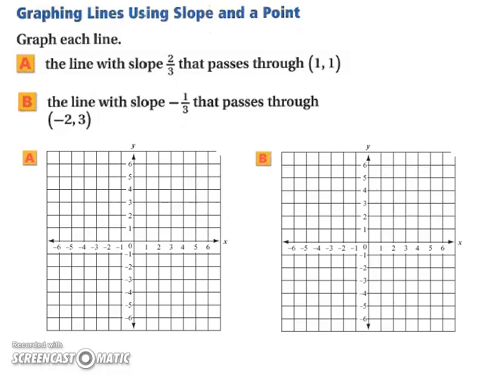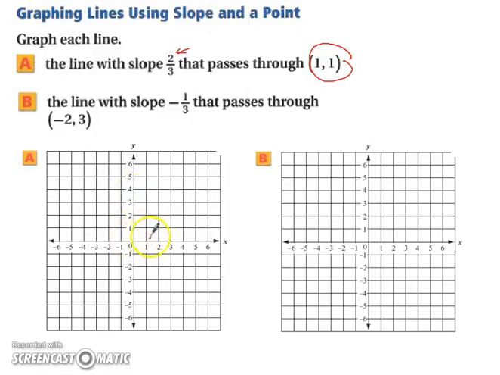Alright, so now let's look at graphing lines using slope and a point. So A will be on the left-hand side and B will be on the right-hand side. To graph a line when you're given a slope and a point, you're basically going to start at the point and then just rise and run your slope.